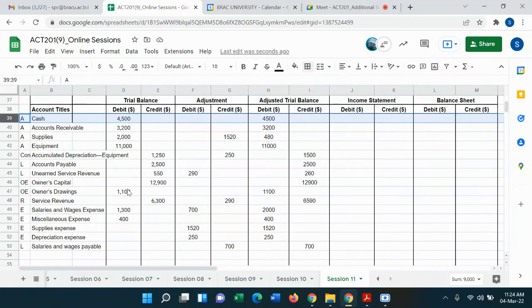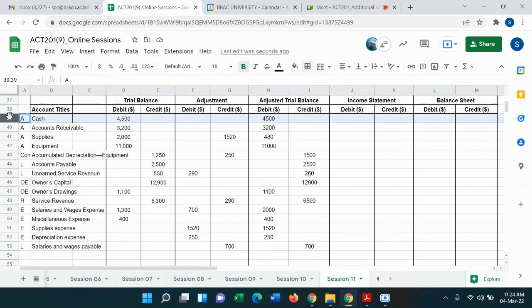Balance sheet. Which balance? Trial balance, adjustment, or adjusted trial balance? Adjusted. Whatever information we transfer to the income statement and balance sheet, the information of the adjusted trial balance will be transferred, not the previous ones.